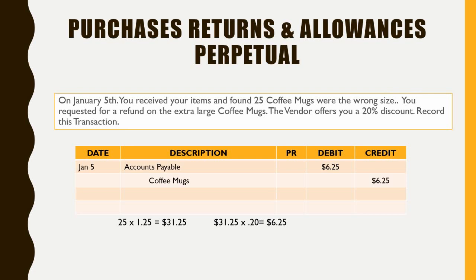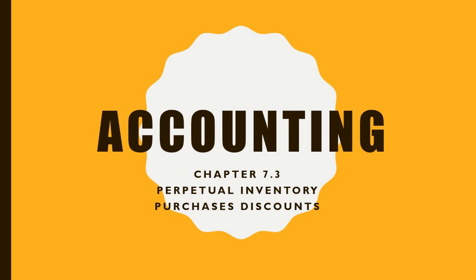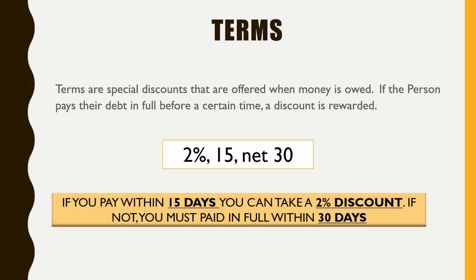I have nothing yet. Okay. So, then again, with 7.3, we're also going to be dealing with purchase discounts, right? So again, we'll be looking at our famous little terms here, 2%, 15 to 30, meaning you take a 2% discount if you pay within 15 days. If not, you need to pay the full amount in 30.